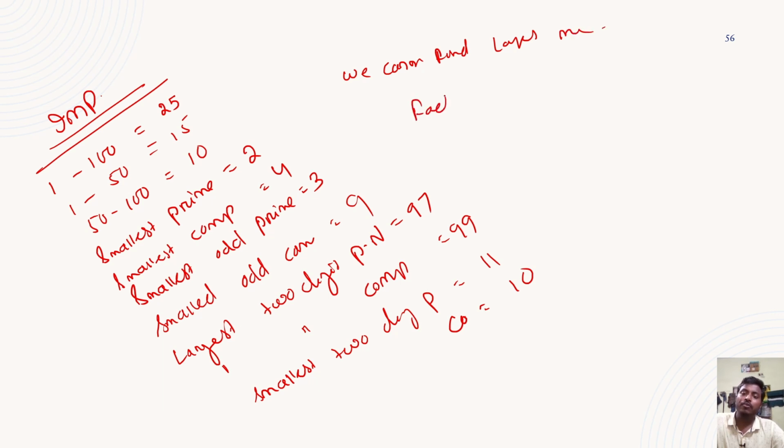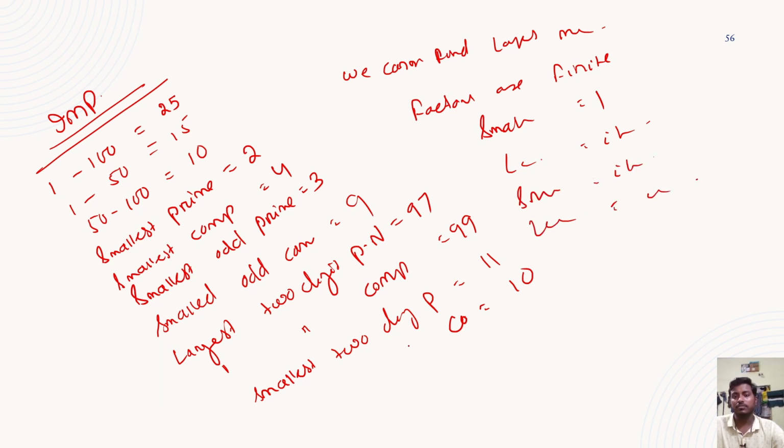Also remember, factors are finite, means we can count them, but multiples are infinite. Okay. The smallest factor is 1. The largest factor is itself. The smallest multiple is itself. The largest multiple cannot be found. Okay. These are some important points you must remember.